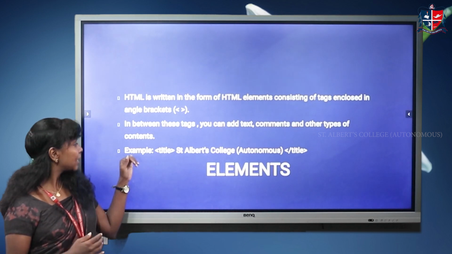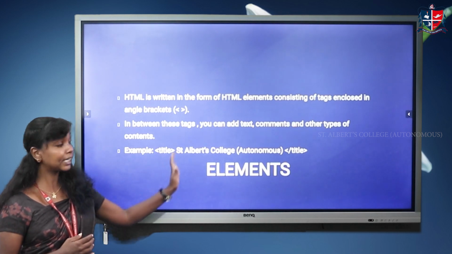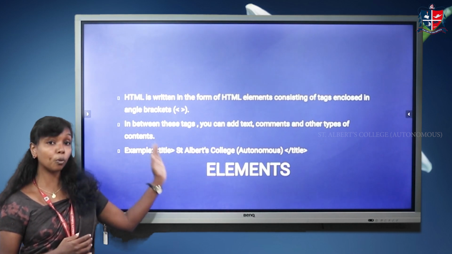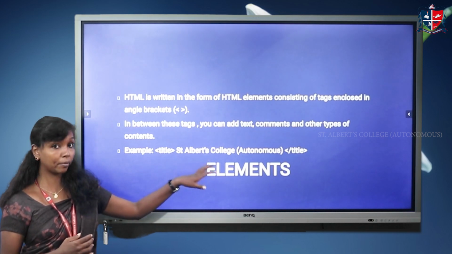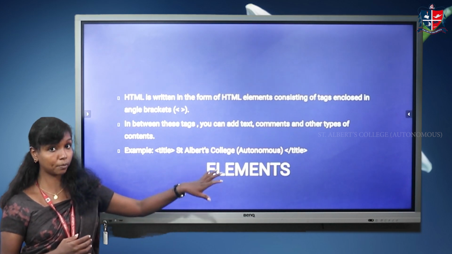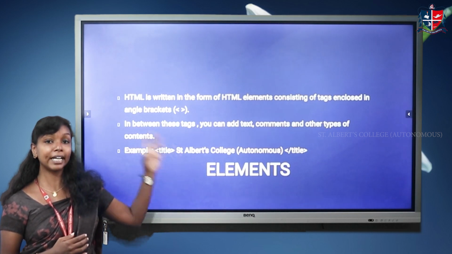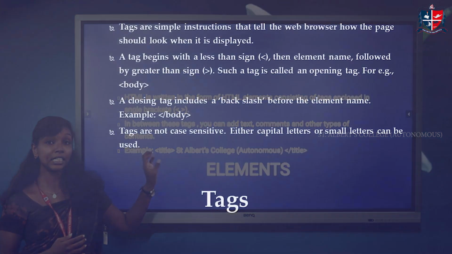For example, here we have used a title tag which consists of an opening tag and a closing tag. In between the opening tag and closing tag, we have entered the title of our document, that is St. Albert's College Autonomous. So in this case, an element is used to create the web page title, or the basic elements are used for creating web pages.